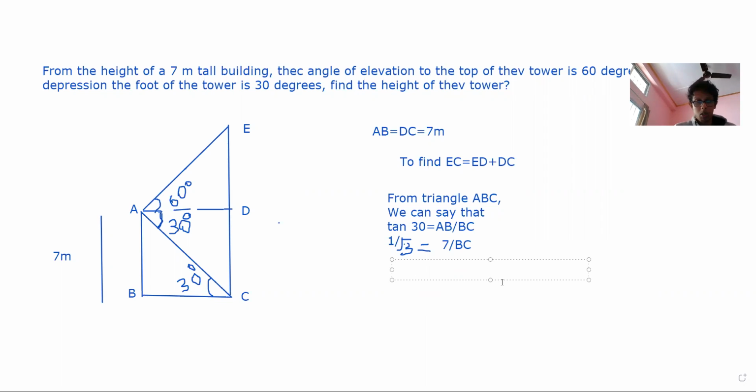Now by cross multiplying, we can say that BC equal to 7 root 3 meter.